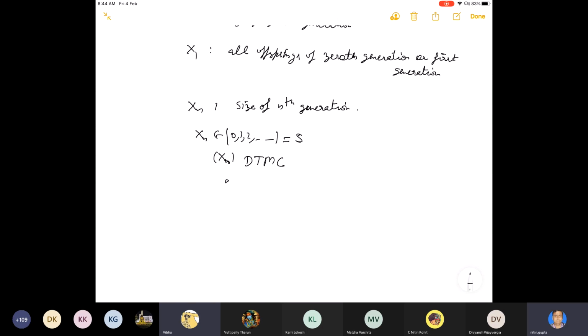So clearly F00 will be 1. That means starting with state 0, we are in state 0 for the first time. That will be 1. So therefore 0 is recurrent.